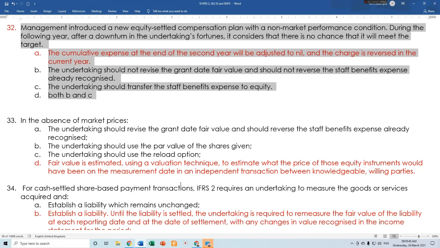So, if your other multipliers are zero, then supposedly, wala ka pala talagang dapat ni-recognize. That's why there will be a reversal, okay? Yung previous na na-recognize, wala na. Tapos, mag-recognize ka ng reversal for the current period. Okay, so ganun yung kwento niya. The answer for 32 is letter A.